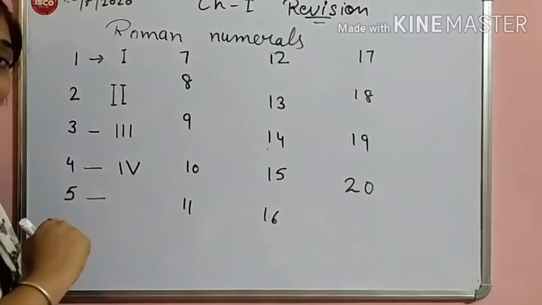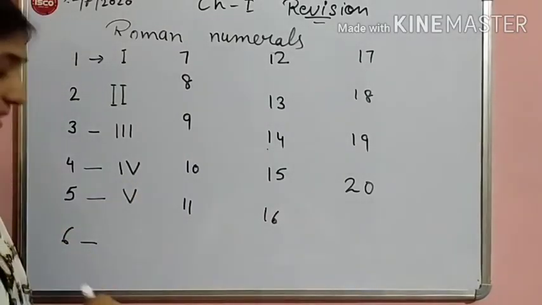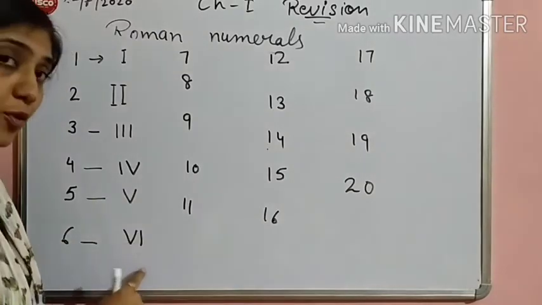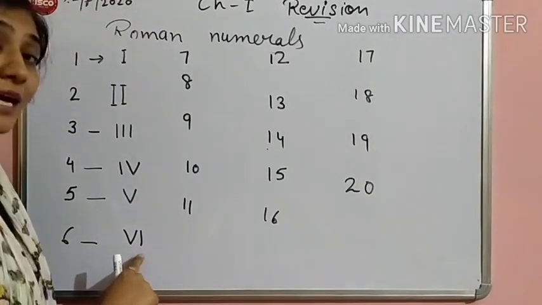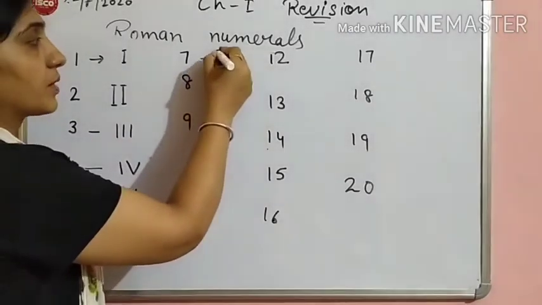And the symbol for 5? Yes, V. And for 6? 5 and 1, 6. Because I am going to place I to the right side of V. 5 plus 1, 6. Now 7.